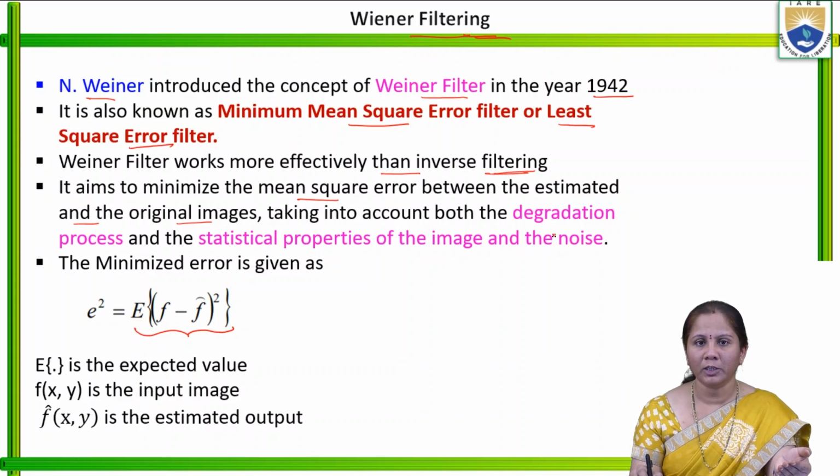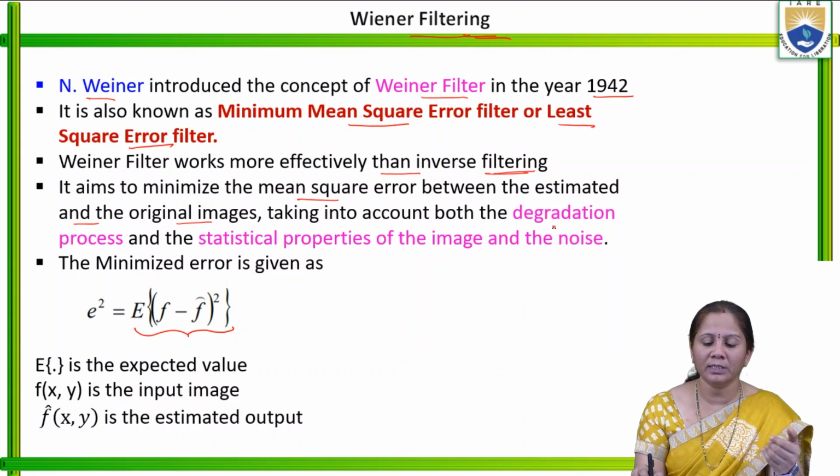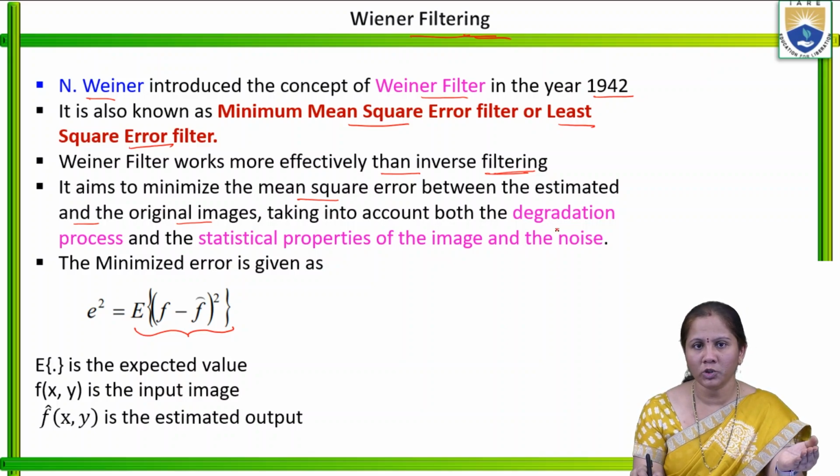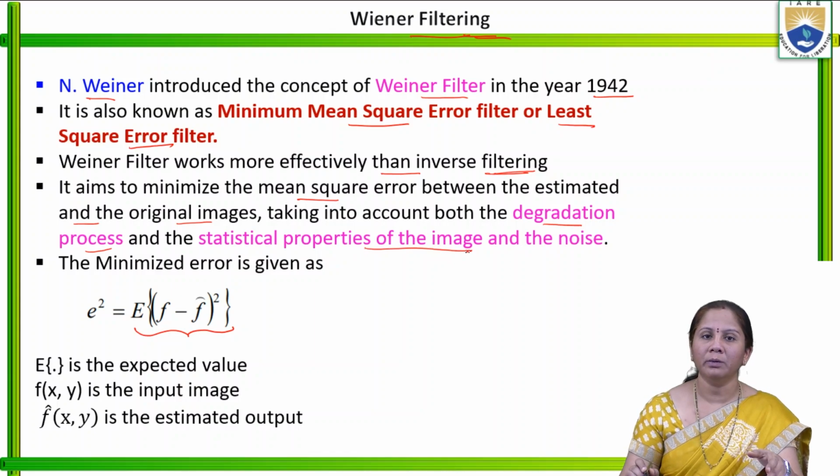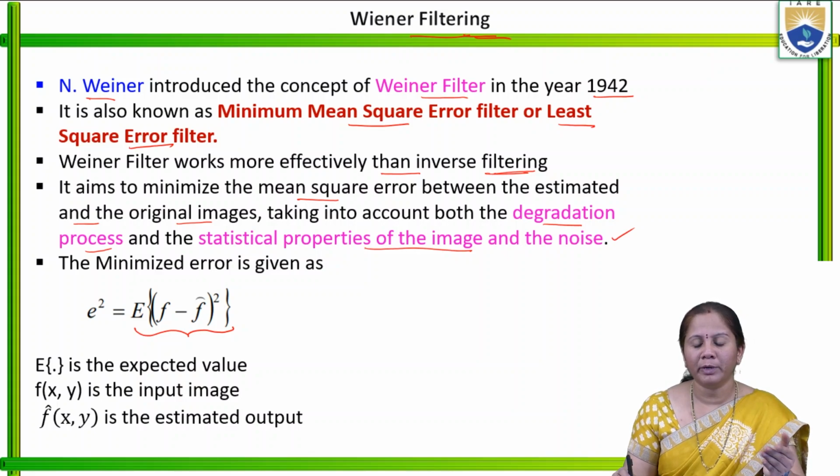That is the main limitation, and it can be overcome by the Wiener filter because it does not consider N and H. It considers other terms like the degradation process and the statistical properties of the image and the noise. As it considers these terms, it performs better compared to inverse filtering.